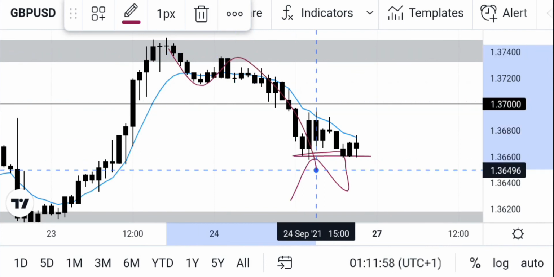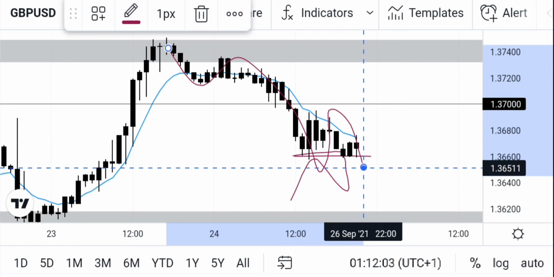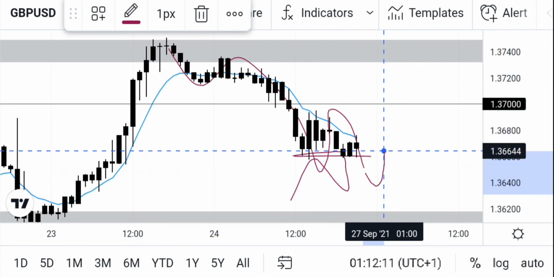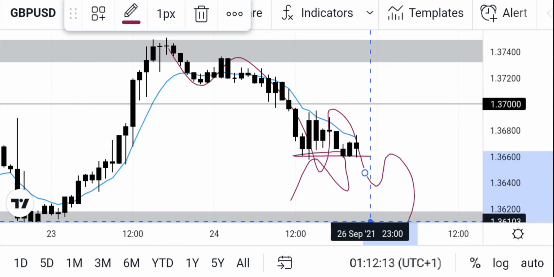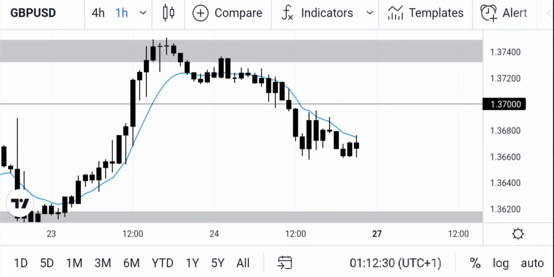A lower high, a lower low, a lower high. So price might even break this zone on Monday without even retracing, break this zone and retrace back to that zone before dropping back down. So we just have to wait for confirmations before we trade. But these are the things we basically have to look out for when trading.